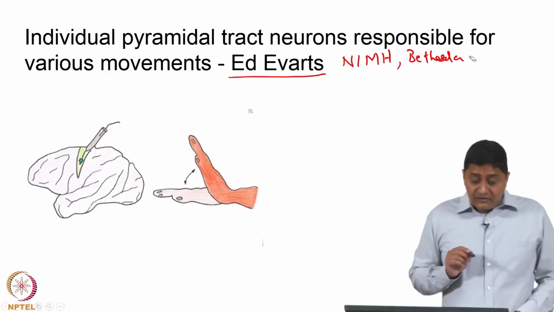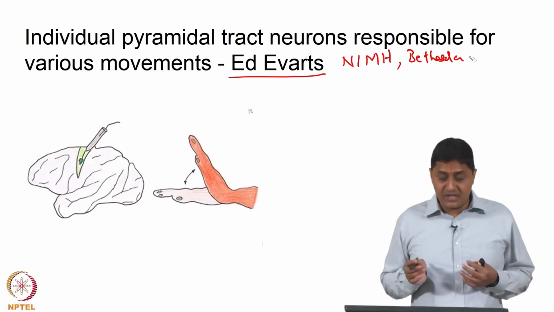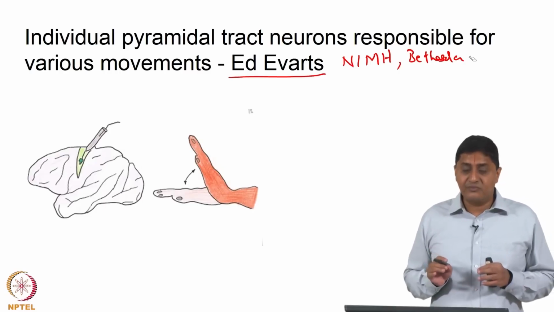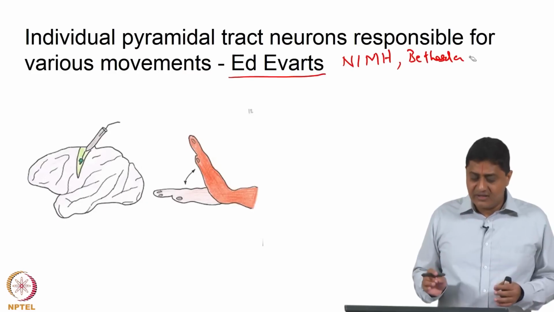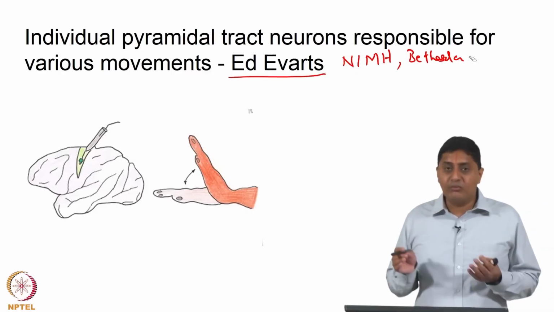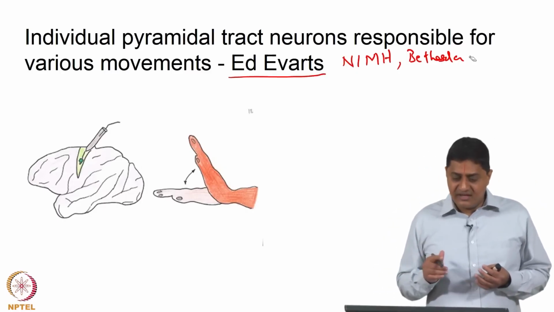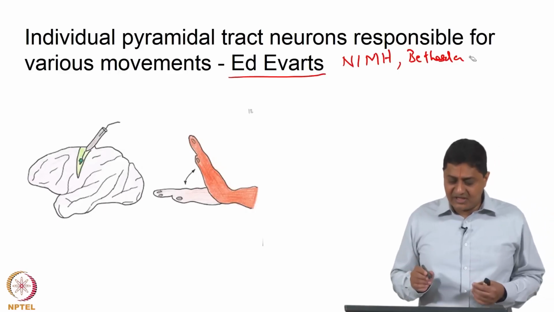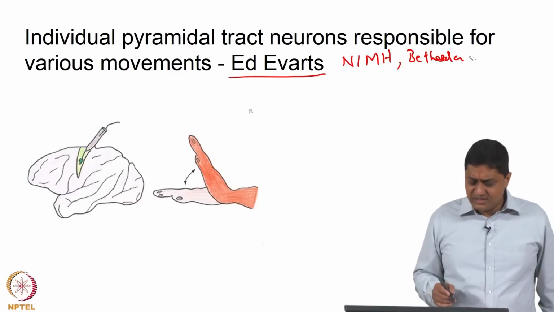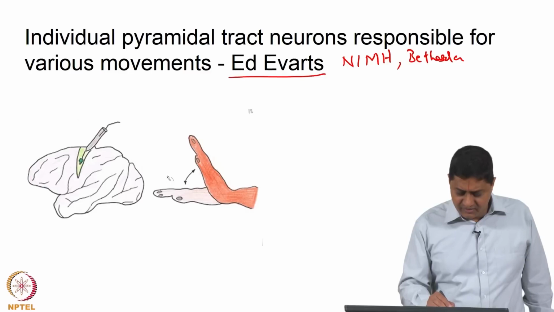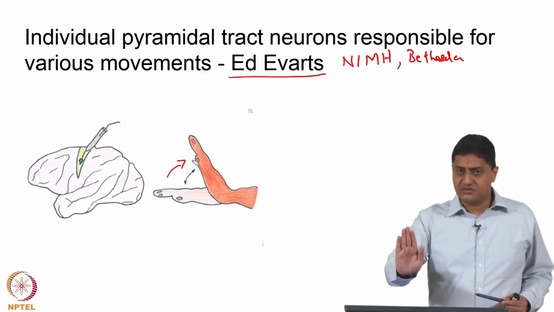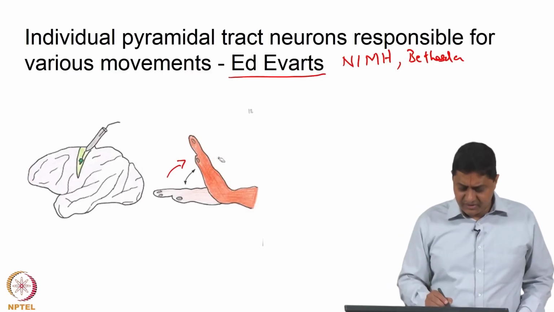His contribution was in studying the activity of individual neurons during performance of specific movements by live behaving primates. He took monkeys and recorded activity while the monkey was performing specific movements. Suppose this monkey was performing flexion of the wrist. So, the wrist is here and performing flexion.